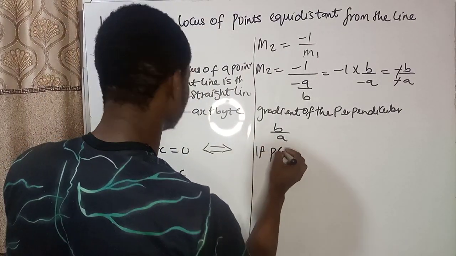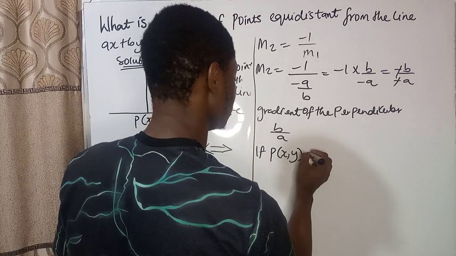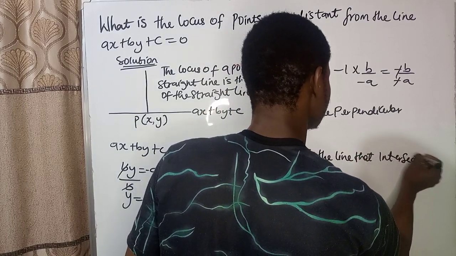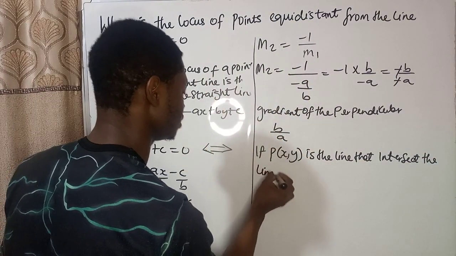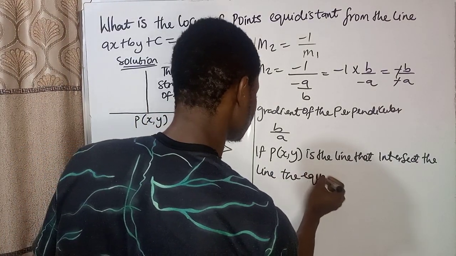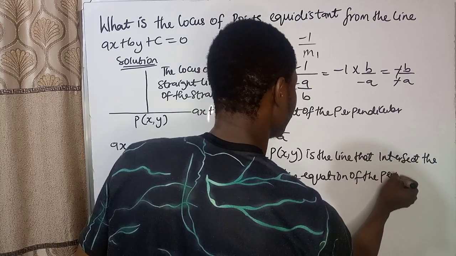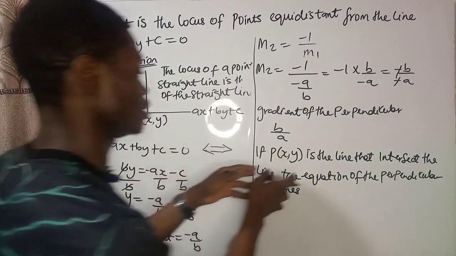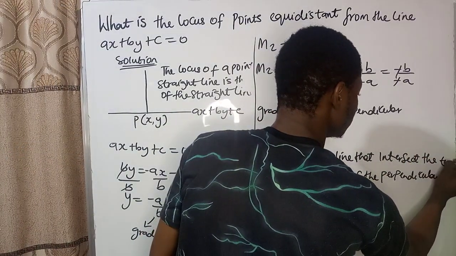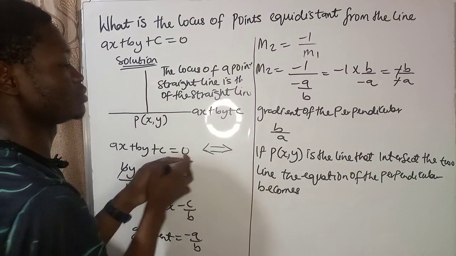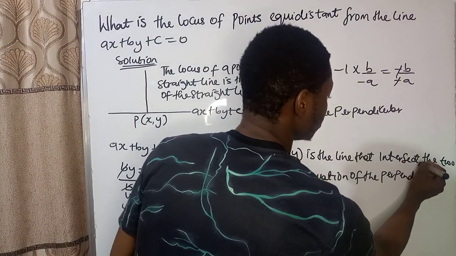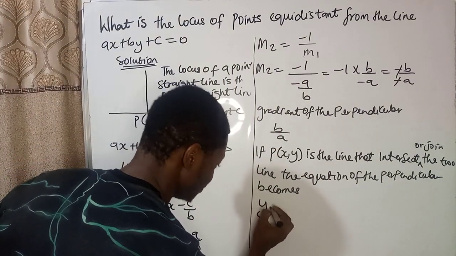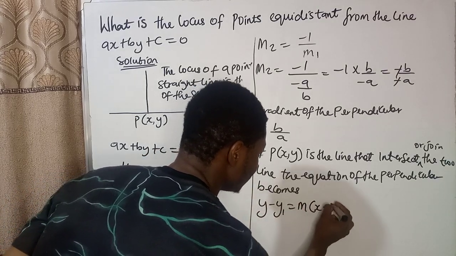Now, if P, that's our coordinate, is the point that intersects the two lines, or joins the two lines, the equation of the perpendicular becomes y minus y1 equals m parenthesis x minus x1.